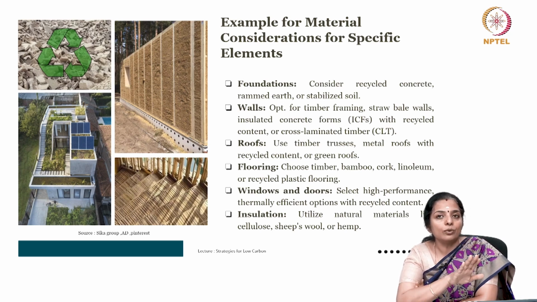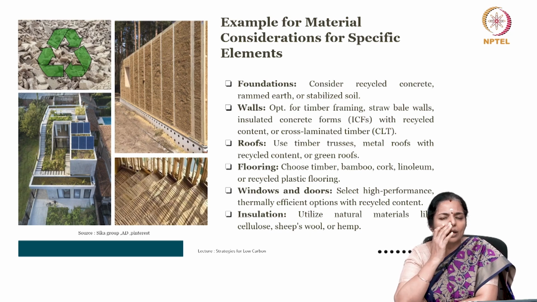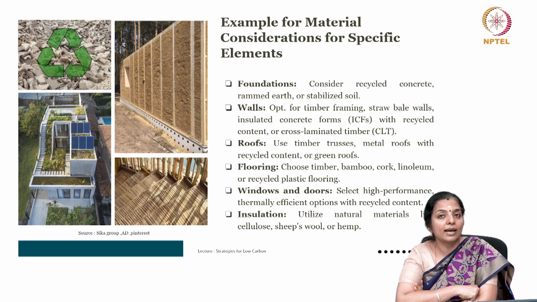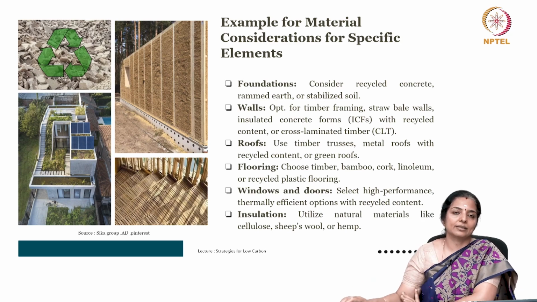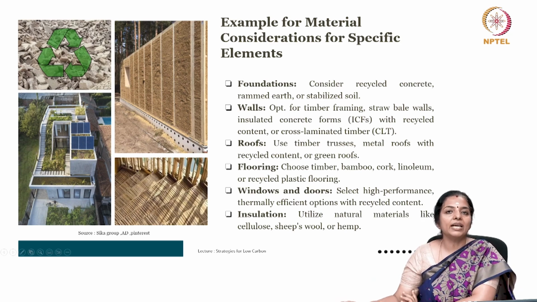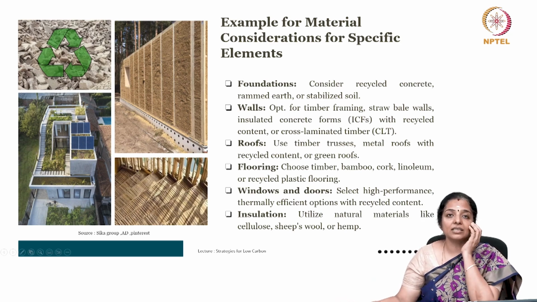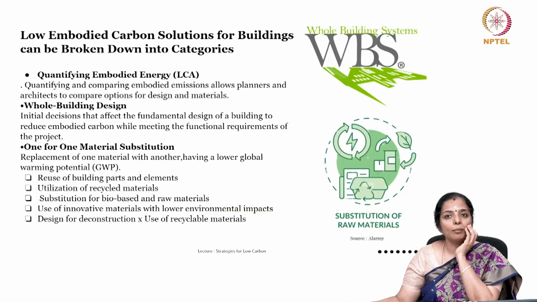If you need to insulate a building, say in cold climates, you use natural materials like cellulose or sheep's wool or hemp. You can use these to insulate the buildings. So, your material choices and considerations have a very important role in reducing the embodied carbon.